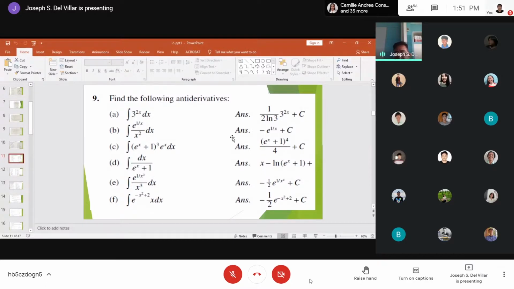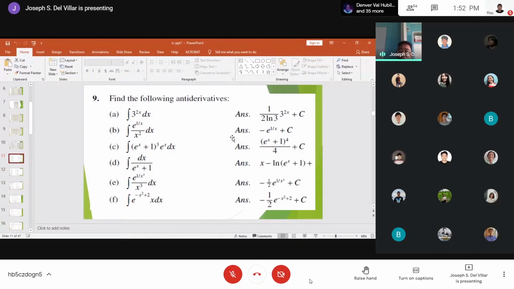So we increase the exponent by 1, so that is closed quantity e to the x plus 1 raised to the 4 all over 4 plus c. Okay? Now, another expression of the final answer is 1/4, okay? 1/4 times closed quantity e to the x plus 1 raised to the 4th.